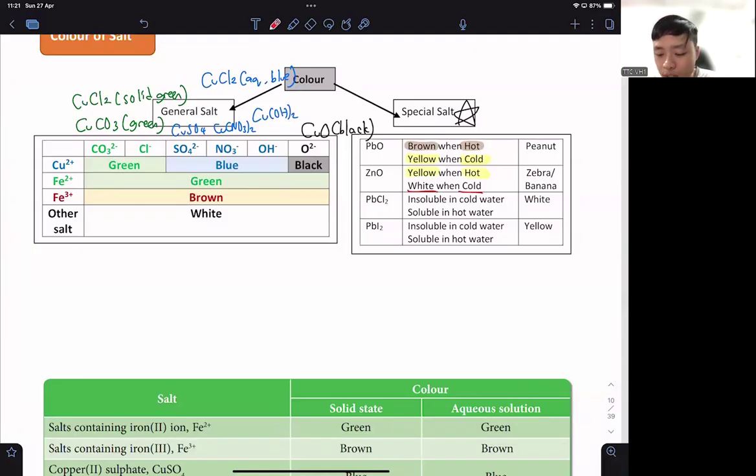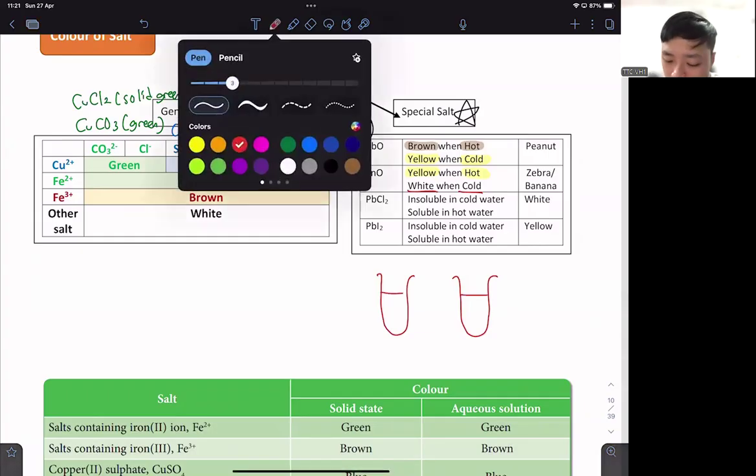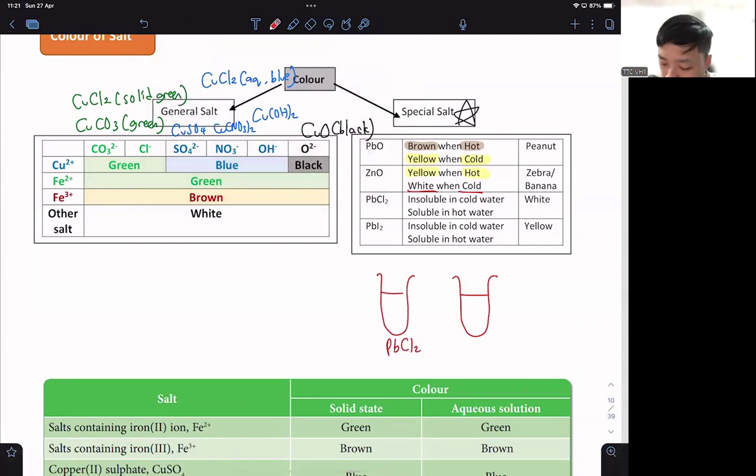Then the PbCl2 and PbI2. This one sometimes comes out in objectives. It can be a tricky question, like, isn't it that they are insoluble? Chloride and iodide are the same. The PbCl2 and PbI2 are normally insoluble, right? But PbI2 is yellow color, while PbCl2 is white color. So why do they say soluble in hot water? Let's say at the beginning it is insoluble.